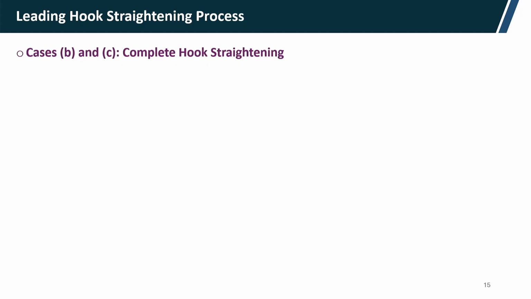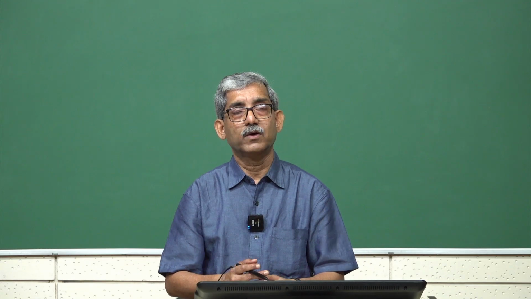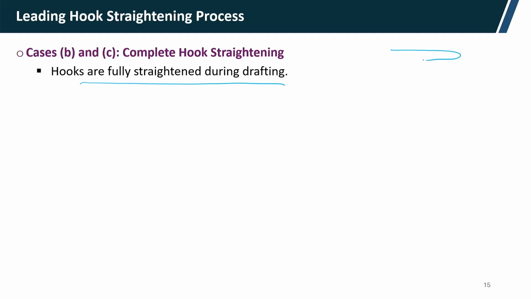Now, cases B and C: let us see the cases where hooks are fully straightened during drafting. Earlier the case was different; here there are two cases where, during drafting, the whole leading hook is straightened completely.